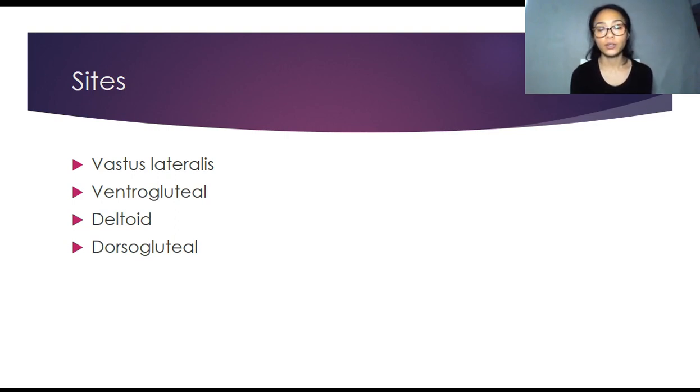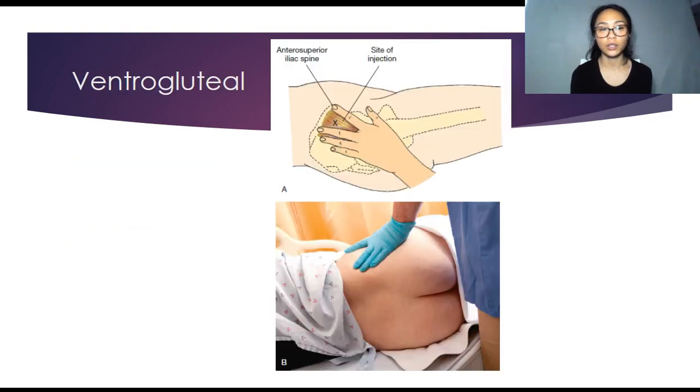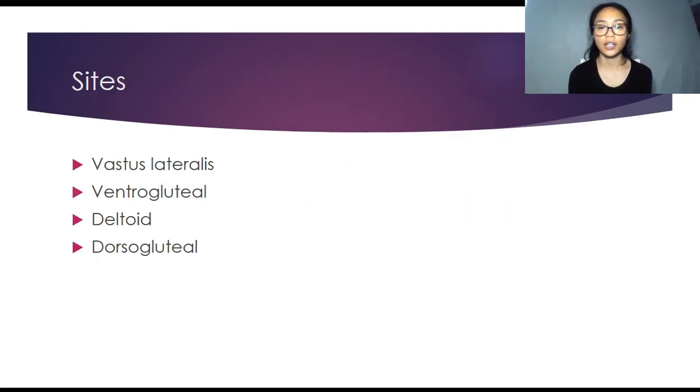The Ventrogluteal Site, so I'll just quickly show you this Ventrogluteal Site. This is considered a good site. It's a deep site. It's situated away from any major nerves and blood vessels, and you can easily identify it because of the prominent bony anatomical landmarks.